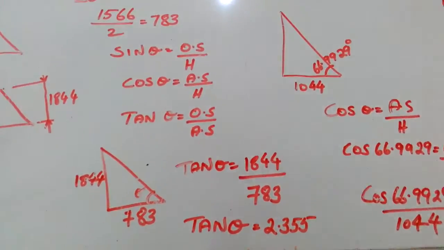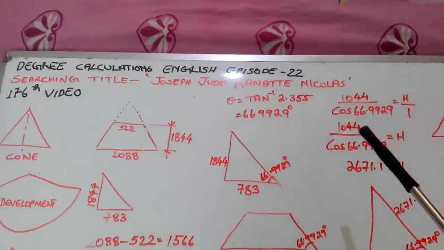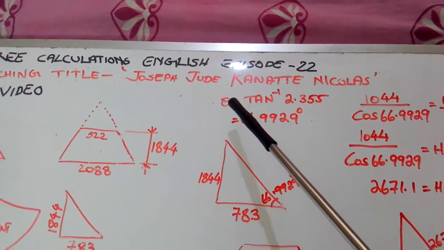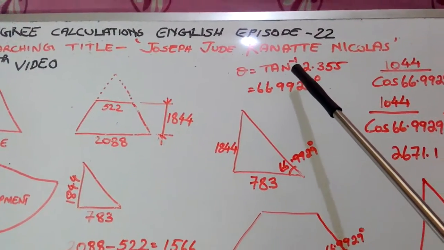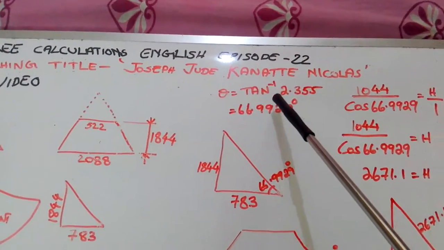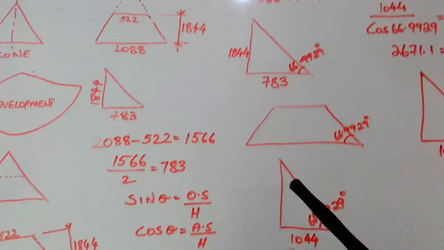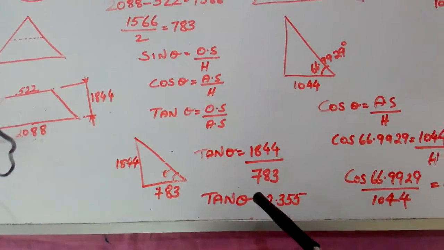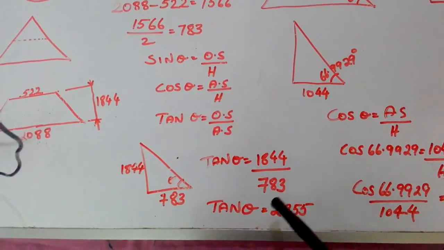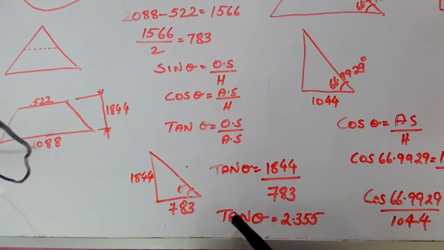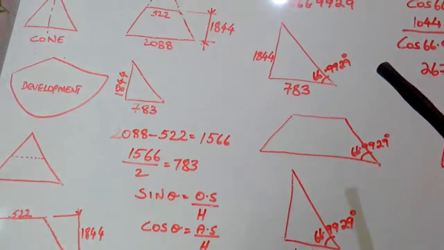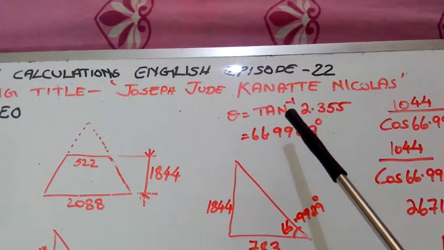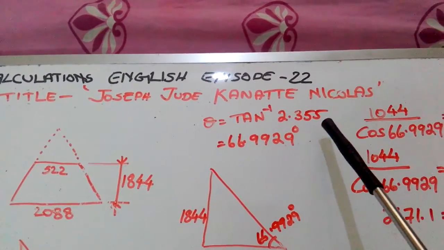I have written it here. We have kept theta here, and we have taken tan to the opposite side of the equal sign, and it became tan inverse. Here tan theta is equal to 2.355. But we keep theta here, and when we take tan to here, it becomes tan inverse of 2.355.